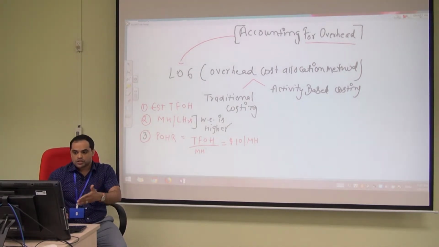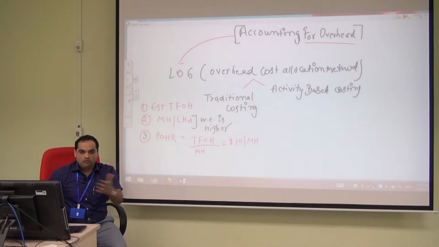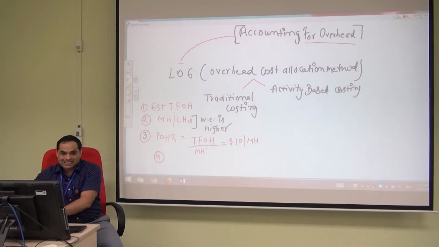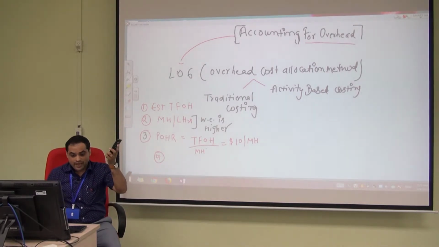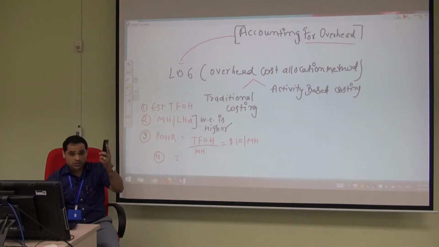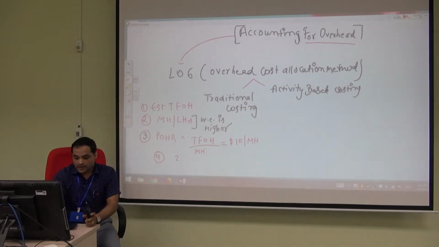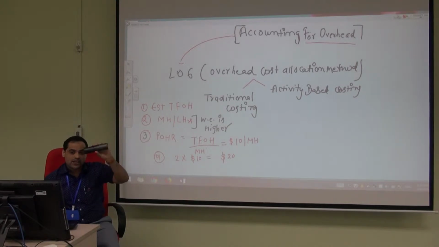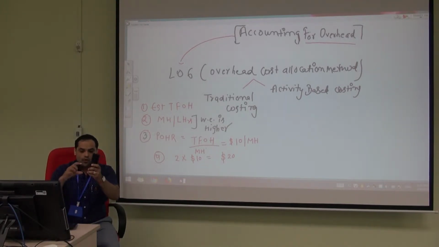We use this rate to allocate factory overhead to single units. So for example, if you produce a single product and it takes 2 machine hours, 2 hours for a machine to produce this product, and the rate is $10, what does it mean? $20 is the factory overhead for this product using traditional costing.